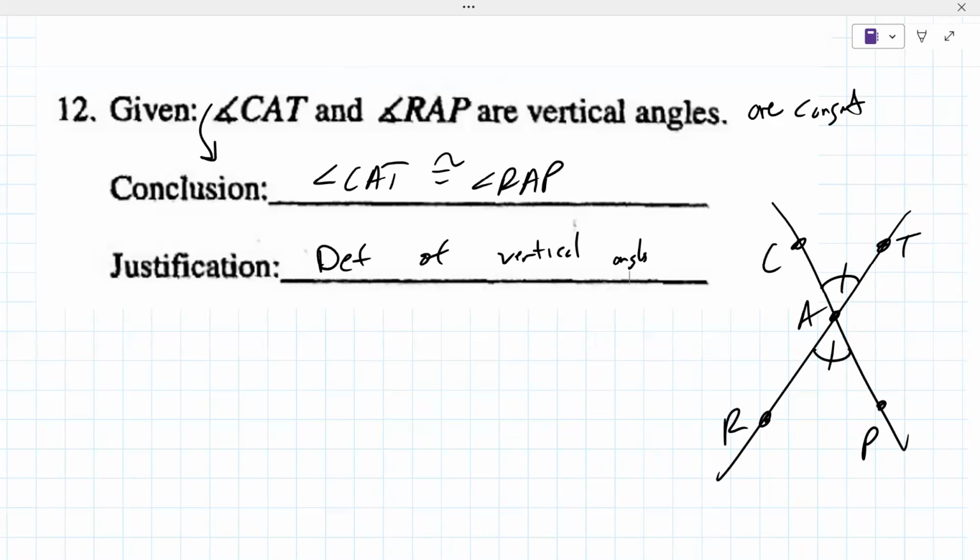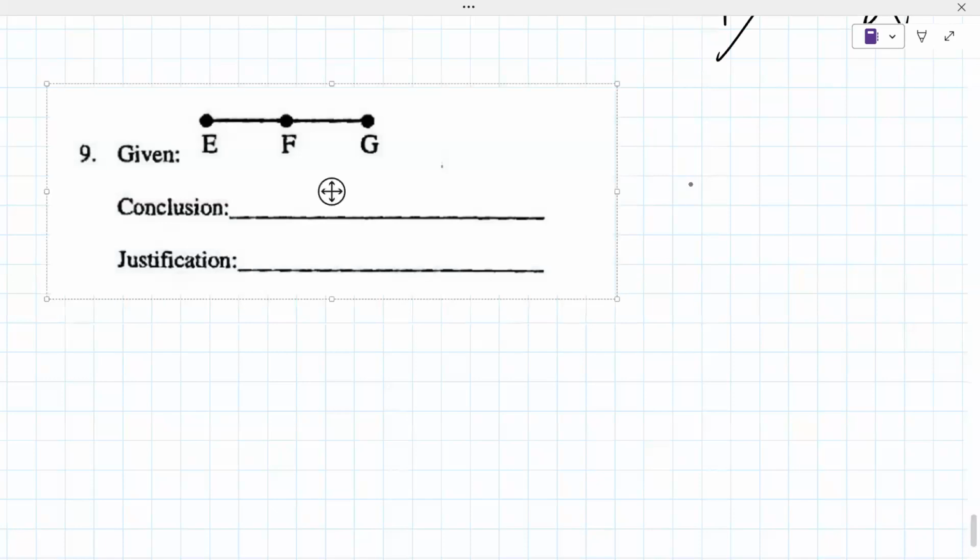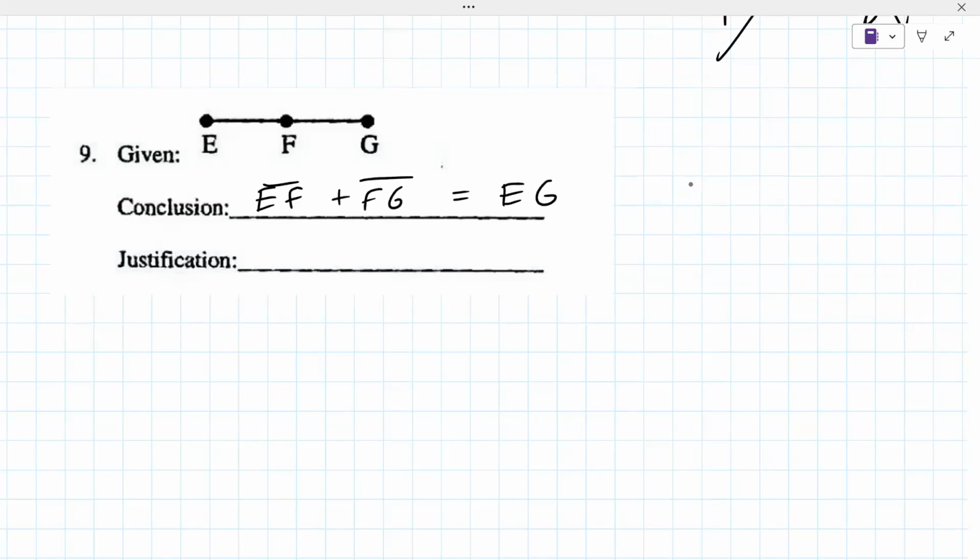All right, let's try one more here. Close out. I'm going to give you the conclusion. Give me your own words for what I'm trying to say here.